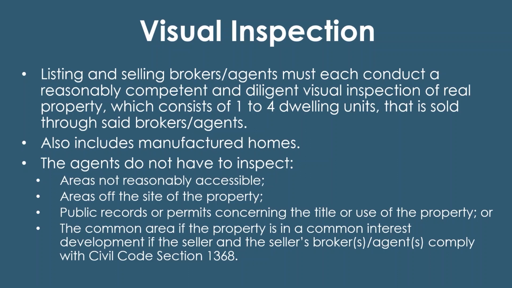But agents do not need to inspect areas that are not reasonably accessible, areas off the site of the property, public records or permits concerning the title or use of the property, or the common area if the property is in a common interest development if the seller and the seller's brokerage agents comply with the Civil Code Section 1368. So these are the specifics to that agent visual inspection, that portion of the requirement of the transfer disclosure statement.